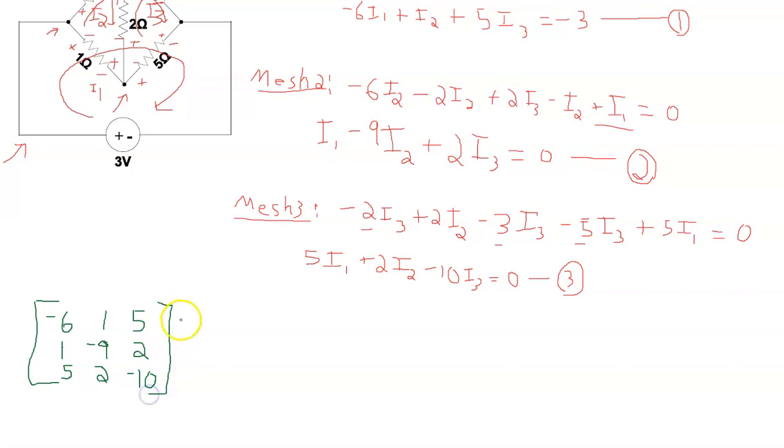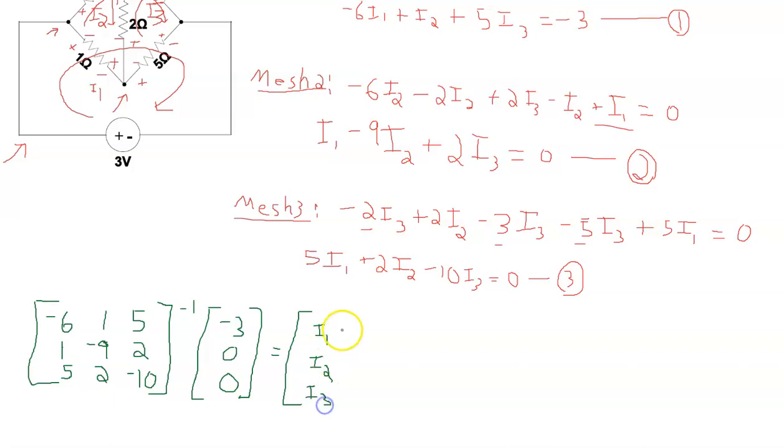It is the inverse of that matrix multiplied by the matrix of constants, -3, 0, and 0. And then that will be equal to the solution I1, I2, and I3. So if you put that into your calculator now, or if you solve by substitution, or if you solve by Cramer's rule, you should get exactly the same answer.